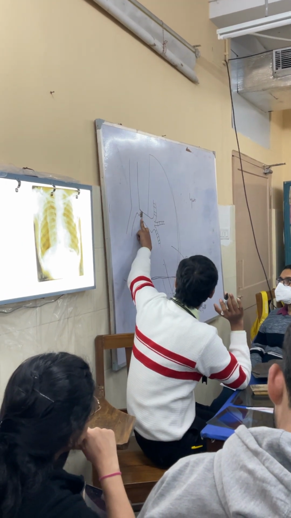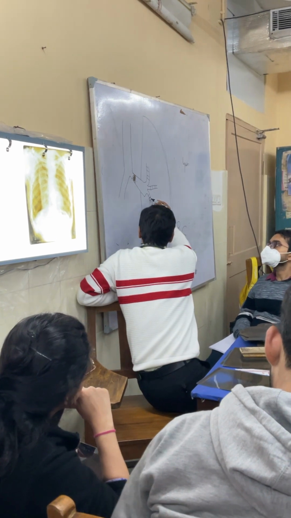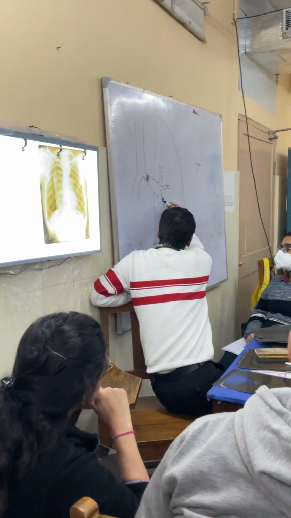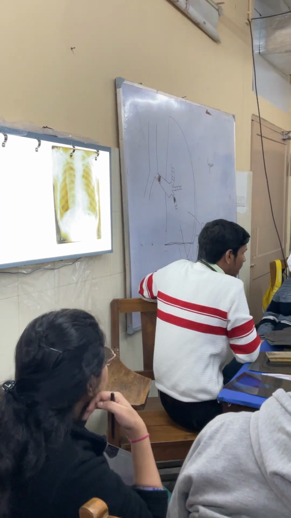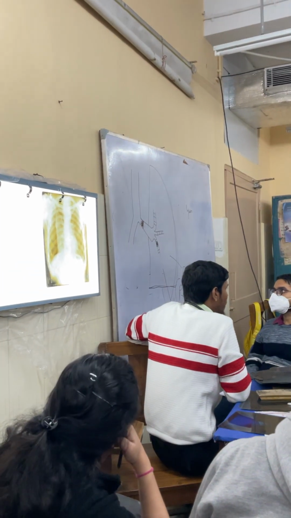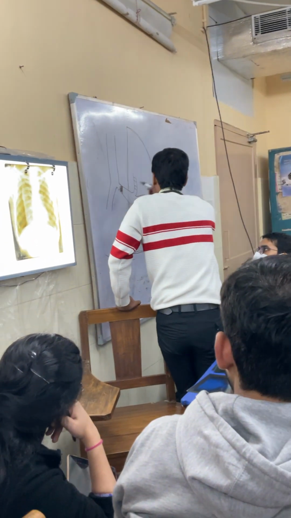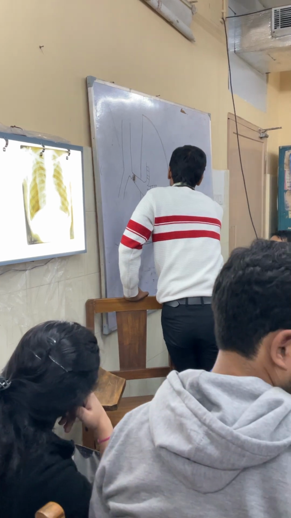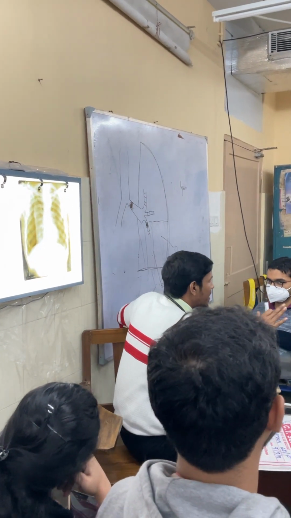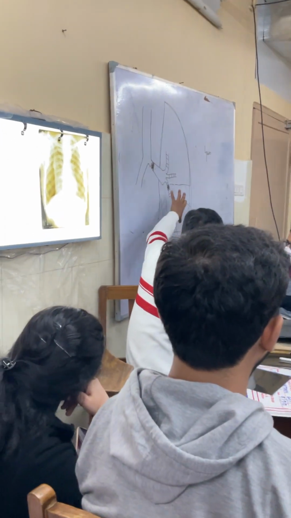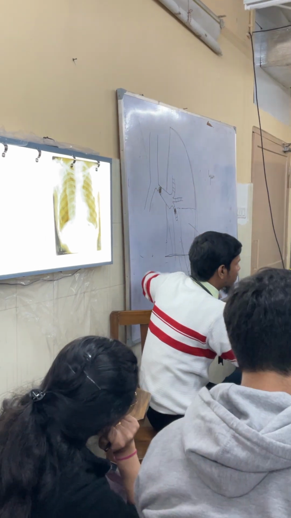So if the block is in the left main bronchus, due to a malignancy, epithelial cell growing and growing, we say endobronchial growth or endobronchial malignancy, then this part of the lung will be normal, but this part will be obliterated. Because the aerated part here, that air gets absorbed and it will collapse.